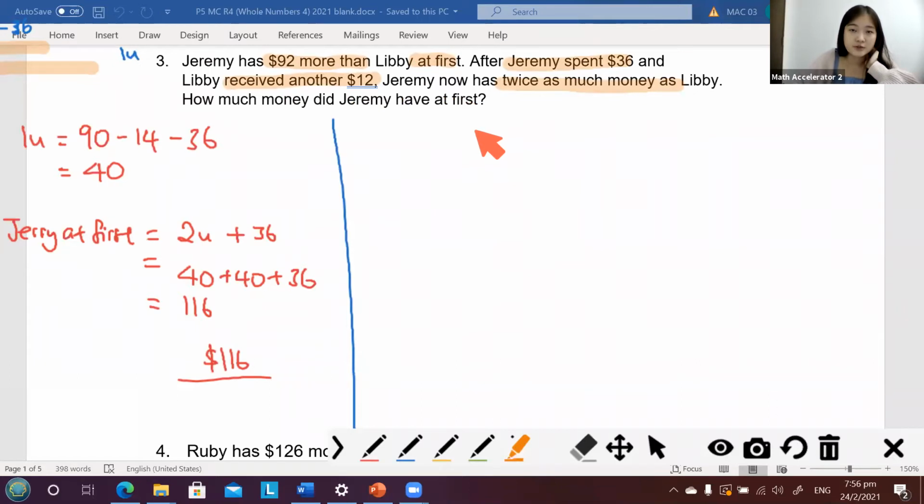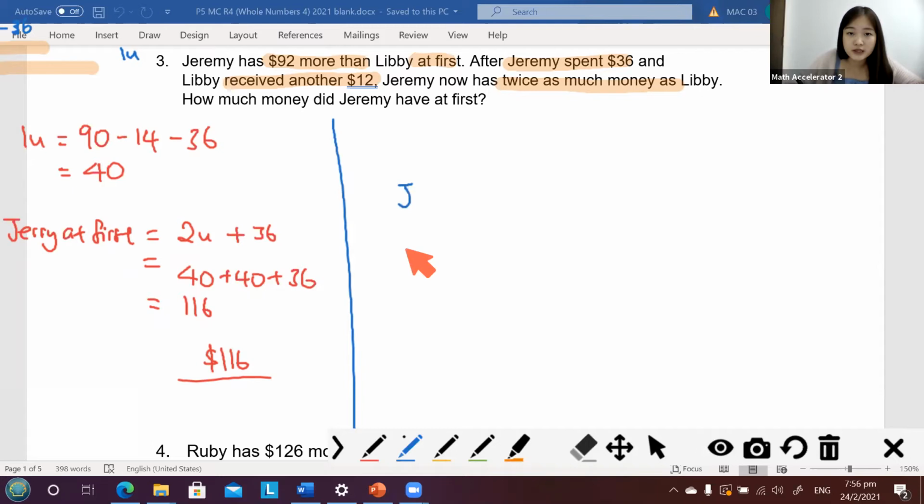How much money did Jeremy have at first? If you've been listening carefully from question 1 and 2, you should be an expert at this already. If you're confident, go and try to draw the model by yourself now, then check with me afterwards. Those of you who are still unsure, you can follow along.